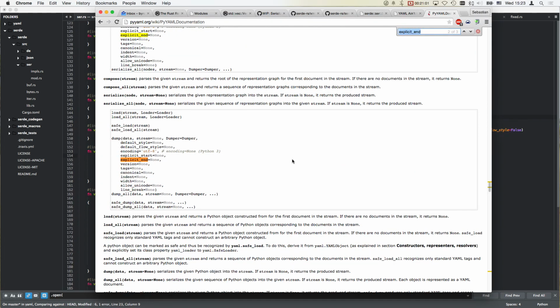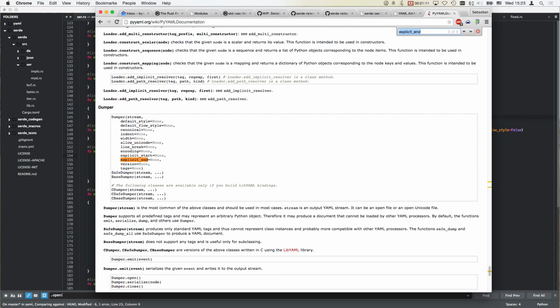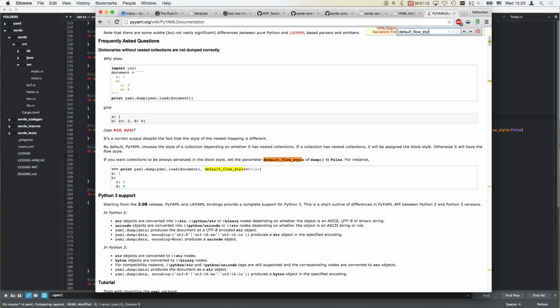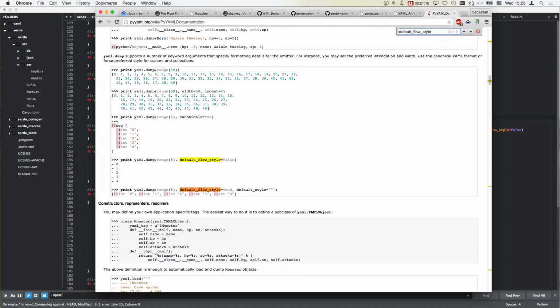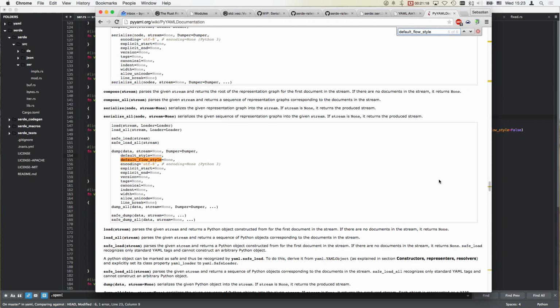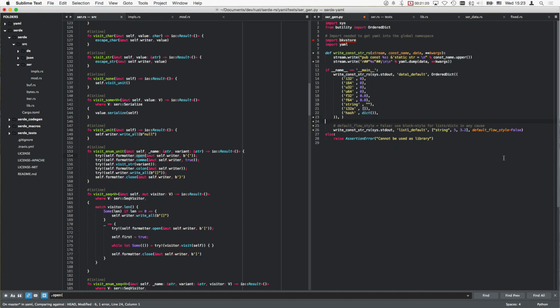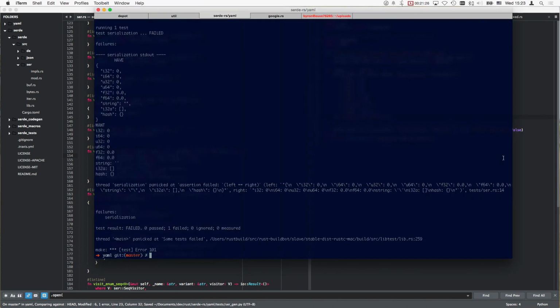And I think this is just passed on to the actual serializer. So, well, encoding, default flow style, none. So it's unset, right? And what if I say true here? What happens? So unset is that. What happens if I say true? False, I tried already.